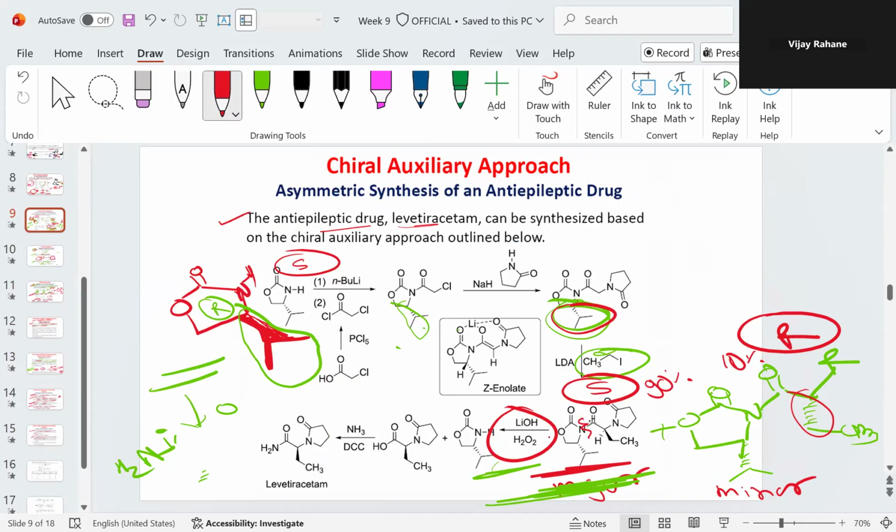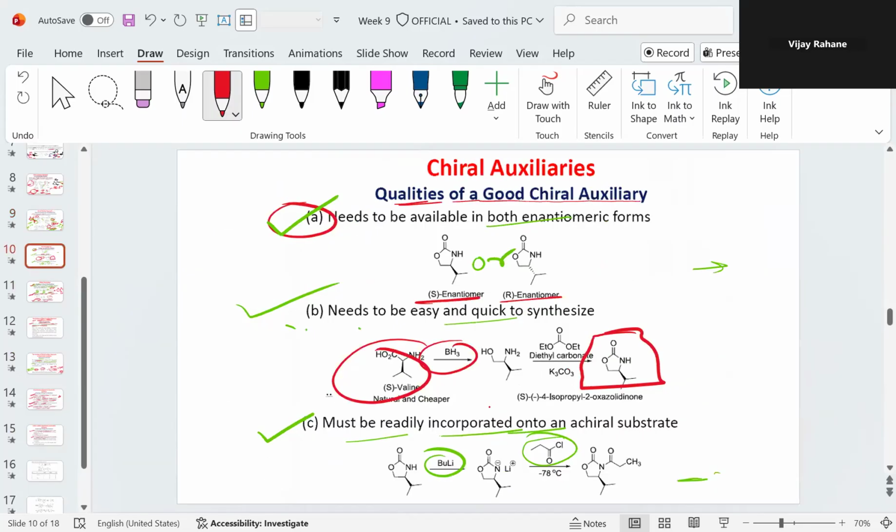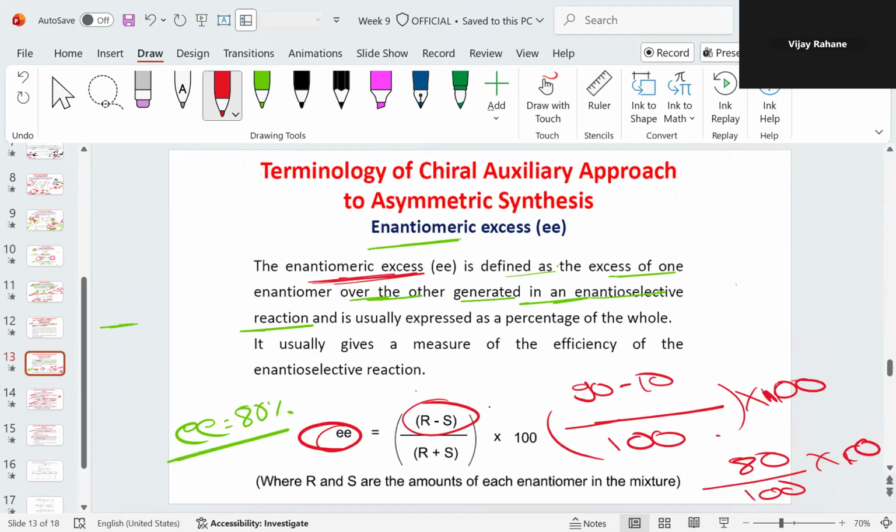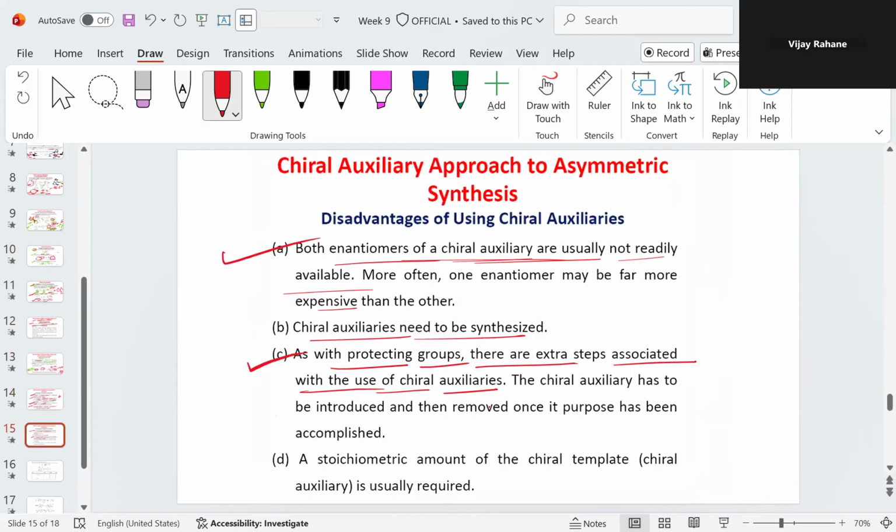So, if one of the groups in our product is not compatible with H2O2 or lithium hydroxide, in that case we cannot use this type of chiral auxiliary. So we need to either protect the functional group in our substrate or use a different chiral auxiliary. That's one of the concerns with the use of this chiral auxiliary.